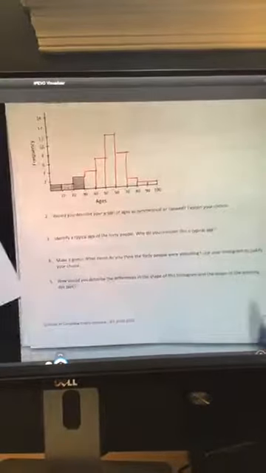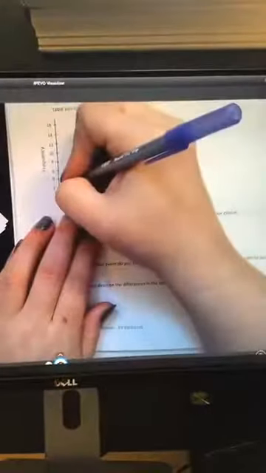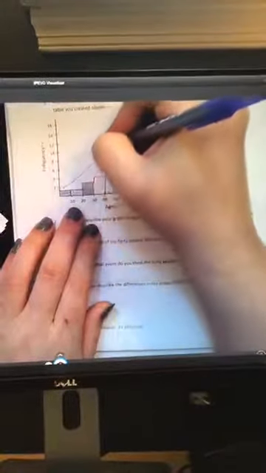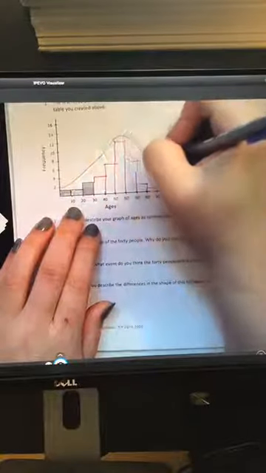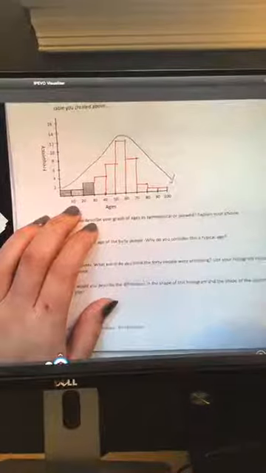When I look at this chart, what do you think? Is it right skewed, left skewed, or symmetric? To help you out, I'll draw the lines in. So my data goes up, then my data goes down.